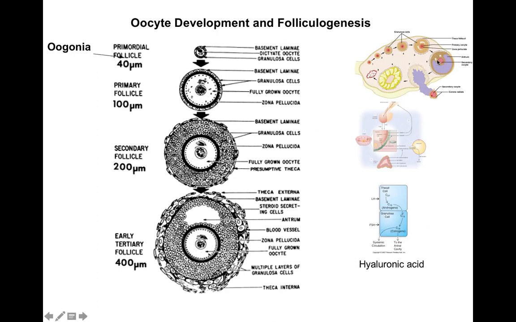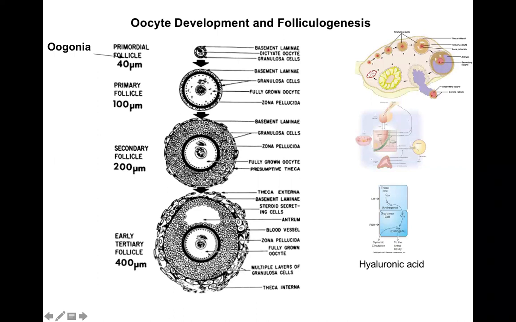It has completed the first division, and at this point it is at the metaphase phase of meiosis 2. So it is at this point and it is ready to come out.